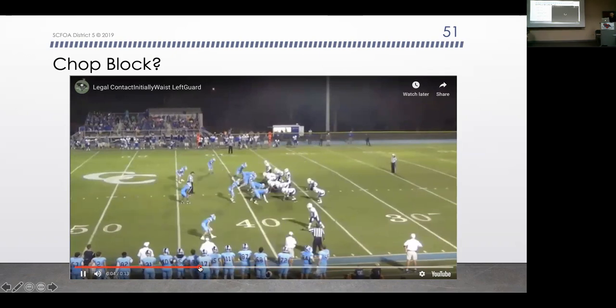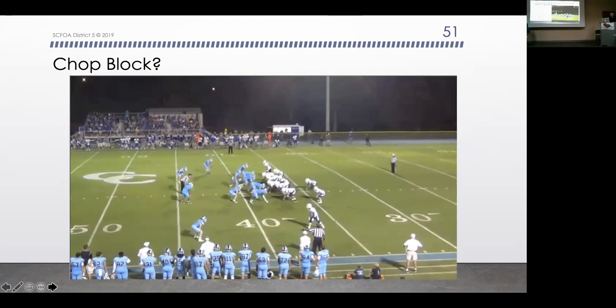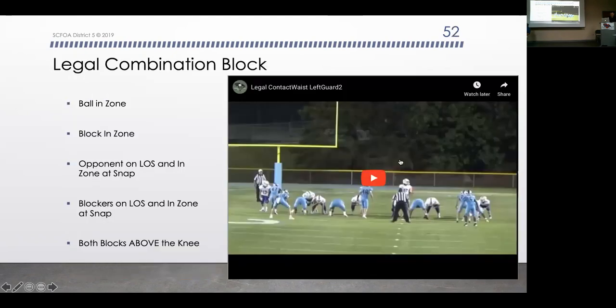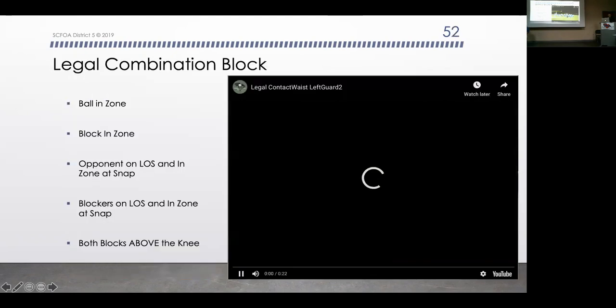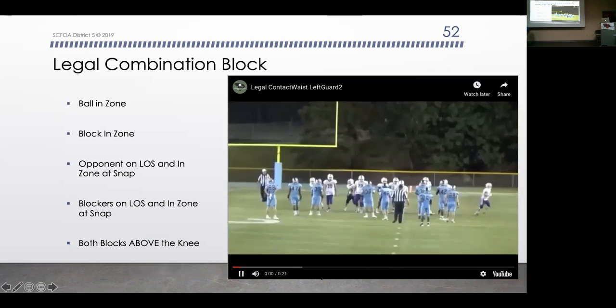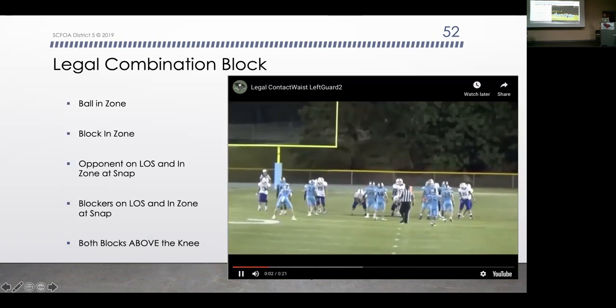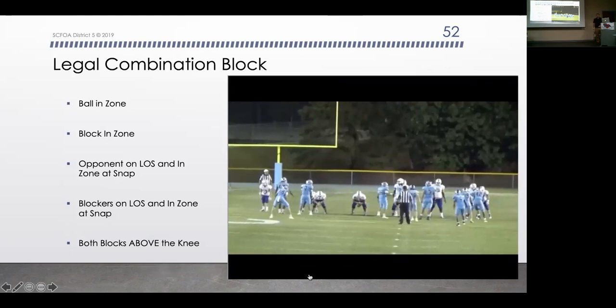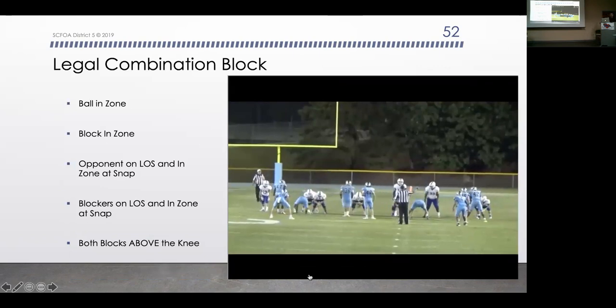Look at what the initial contact is for this block. So remember, what is considered low for a chop block? Below the knee.